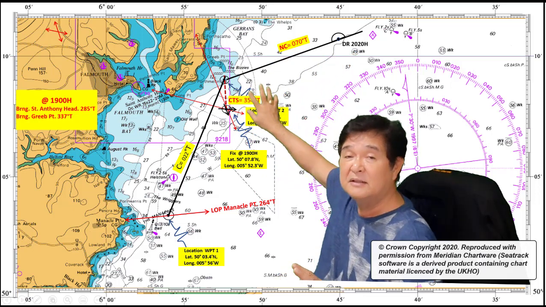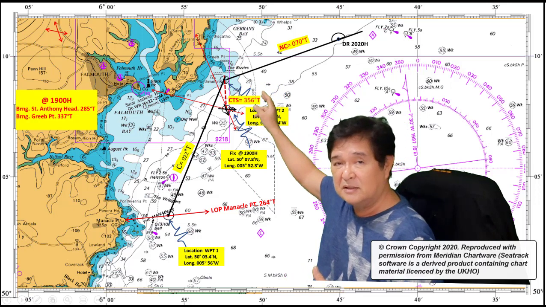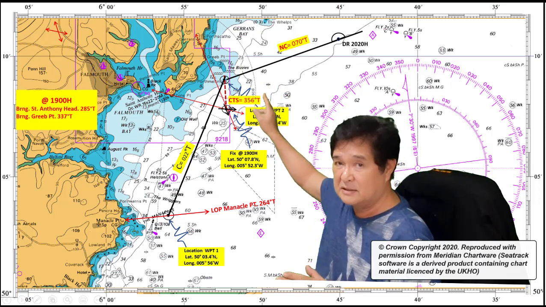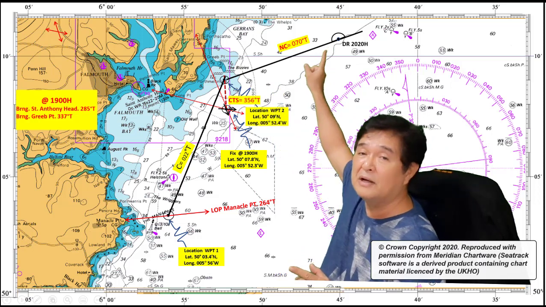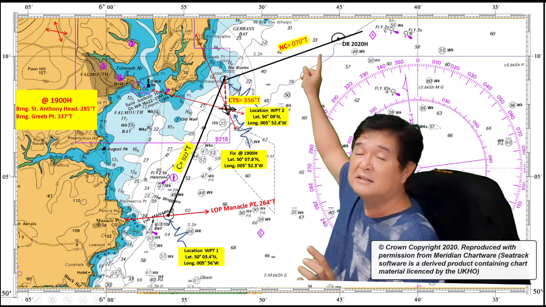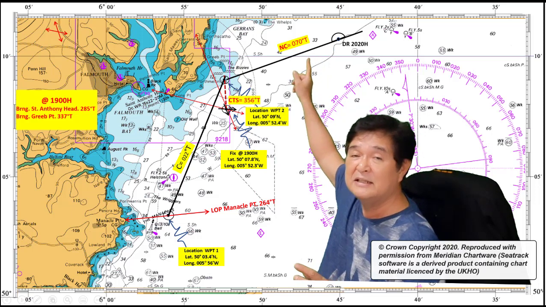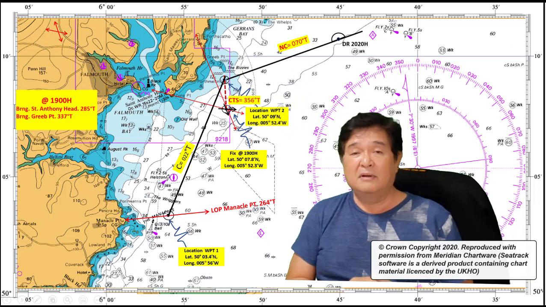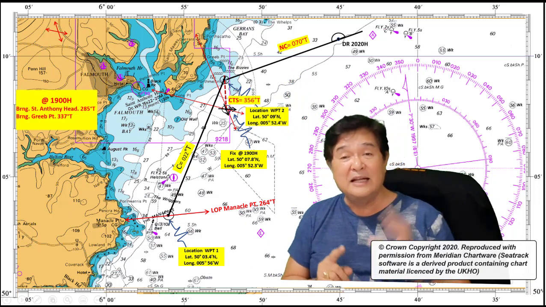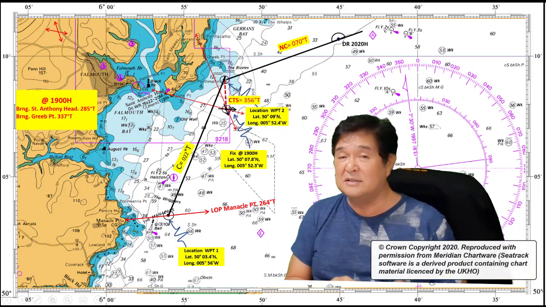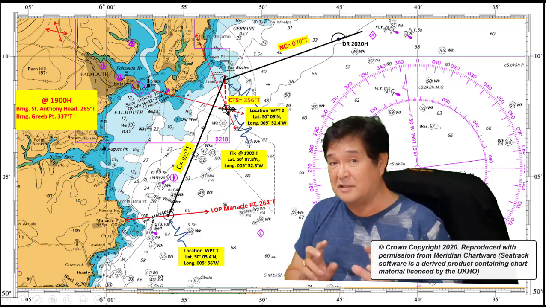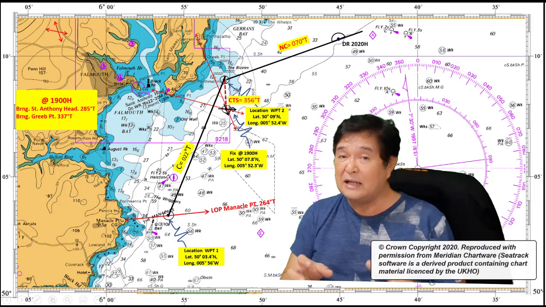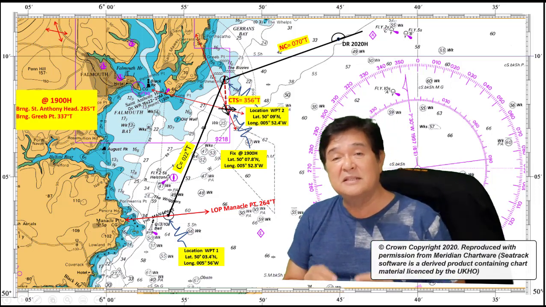After that, we have a dead reckoning, where the speed of our vessel is 5 knots, and we find the DR position at 2020 hours. It's that simple. You have to use all your knowledge from our previous exercises 1 to 5. So that's it. The next is the physical plotting, the actual plotting of this exercise.